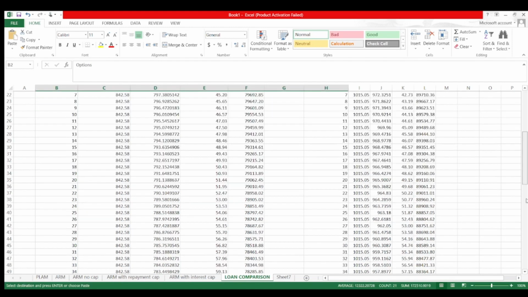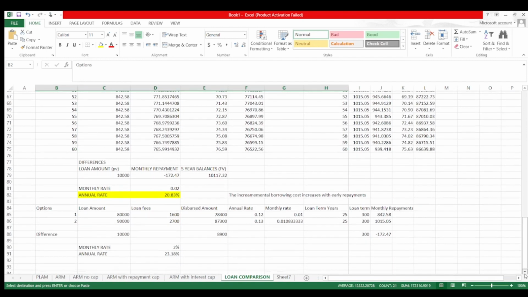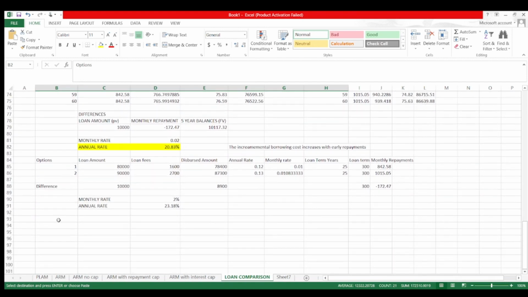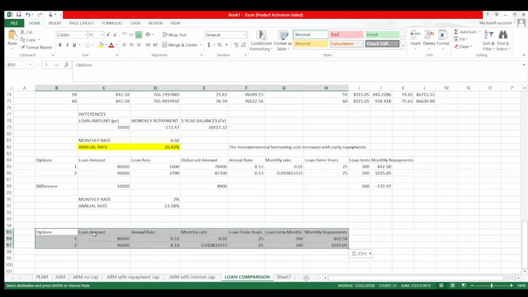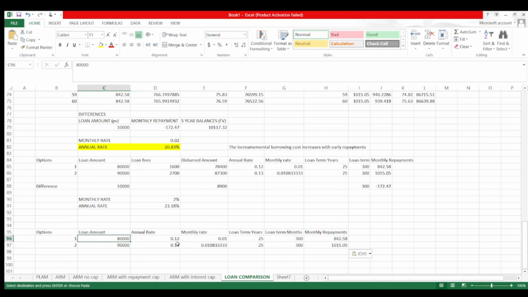So let's just copy this. So for this case, the 90,000 loan has a loan maturity of 30 and not 25. So that's 360 months, unlike the 300 months.